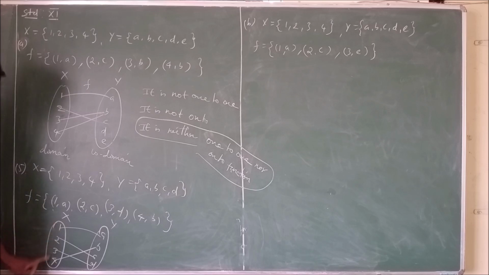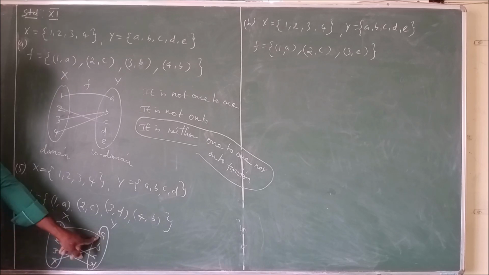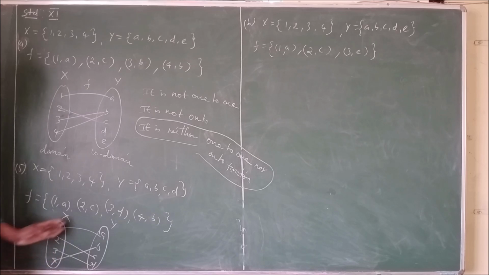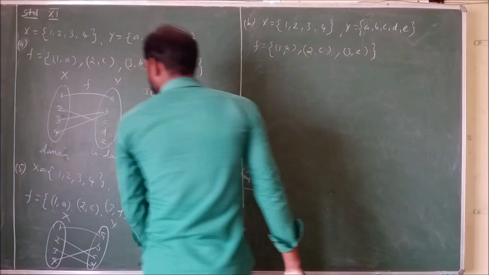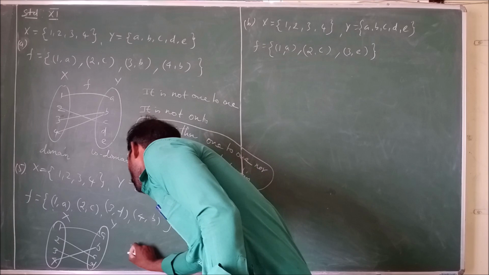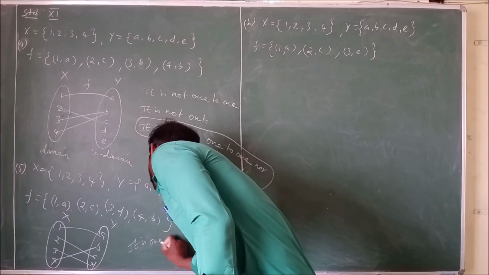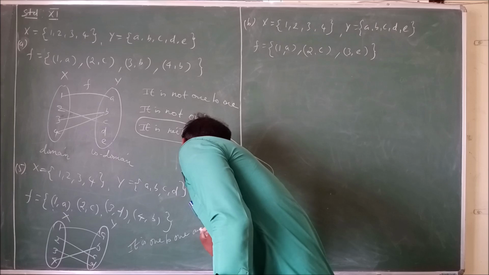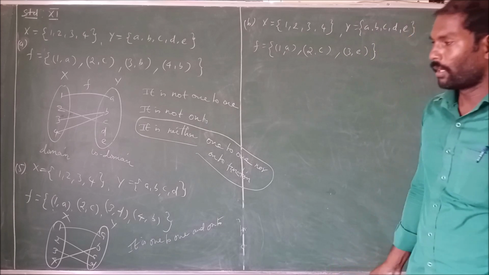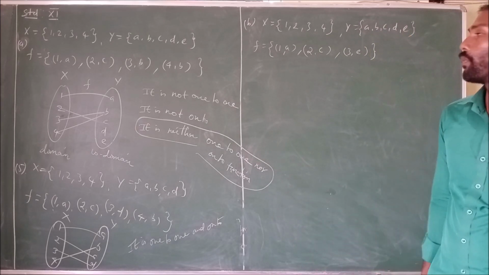It is a function, since every element has an image in the codomain. So it is a one-to-one and onto function. Fifth example is one-to-one and onto.